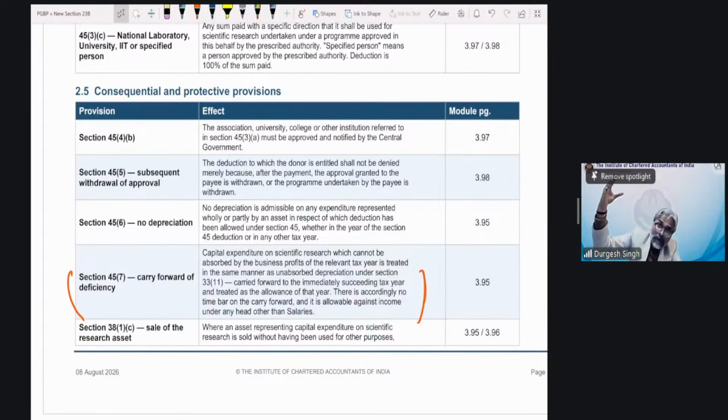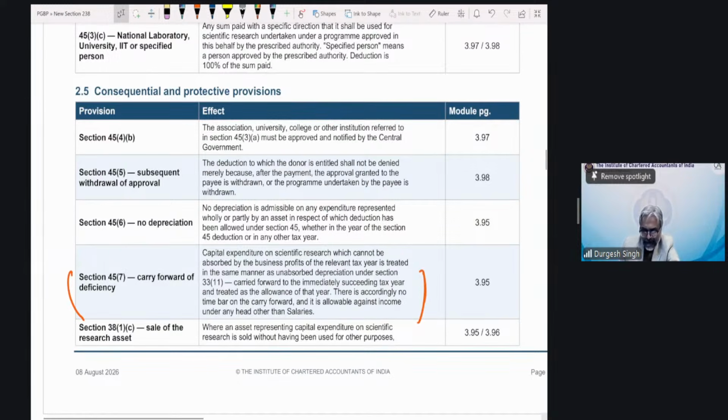Students, I think all of you are aware that unabsorbed depreciation in the subsequent year is allowed to be adjusted against the income of the other heads, except for one, which is salary. Yes, Radha, you got it right. So that is what it is, students.